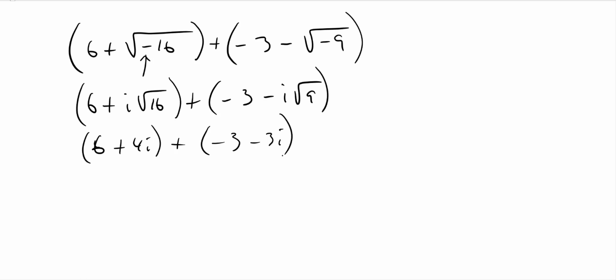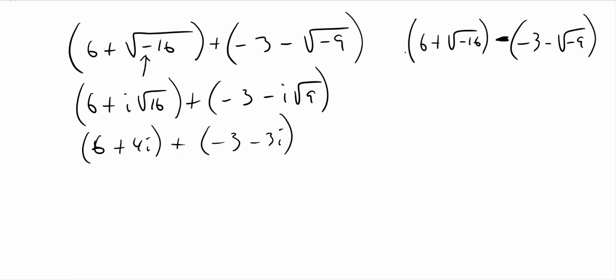Okay, so look for that. So it might be a plus sign, well, we'll do the same thing with a minus sign here. But actually, if we did the same thing with a minus sign, watch this. So 6 plus square root of negative 16 minus negative 3 minus root negative 9.